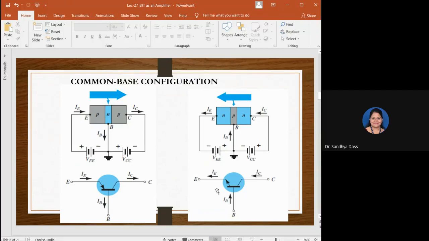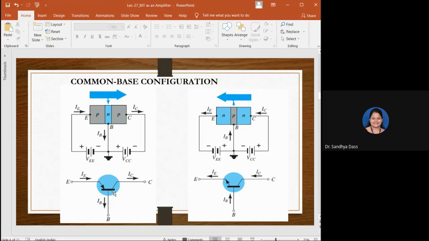So typically in electronic circuits, all circuits will have two ports forming four terminals. Say if you have a circuit here, at the input you have two terminals which we call the input port, and at the output we have two terminals which we call the output port. But we know that the BJT is a three-terminal device, right?